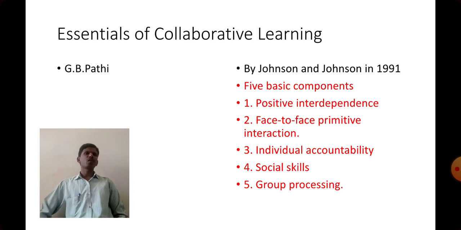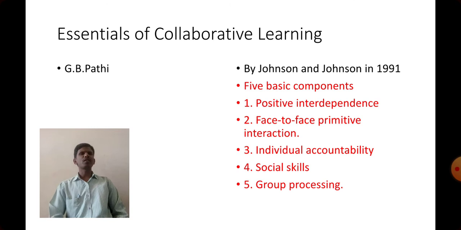He is also one of the eminent educationists who worked on the collaborative learning approach, and he has proposed five basic components which are very essential to use this approach to provide learning in a quality manner. So what are the five basic components? We will see now.